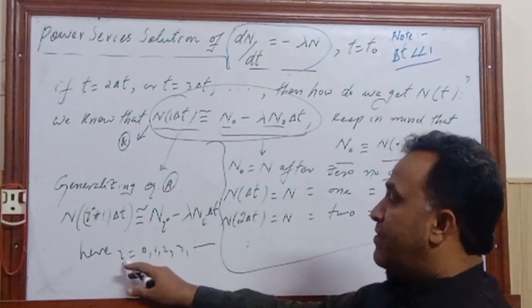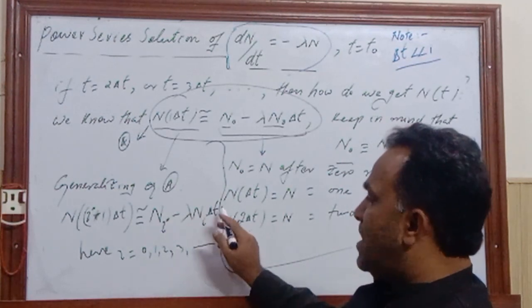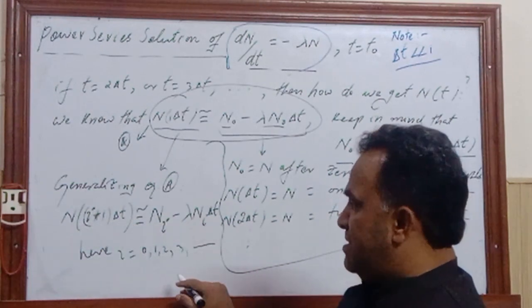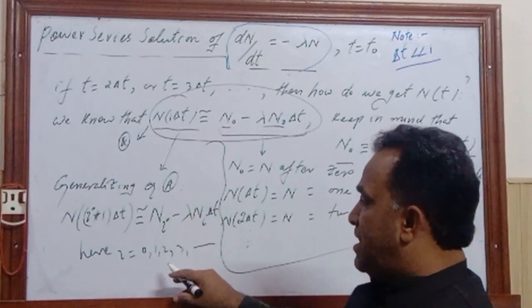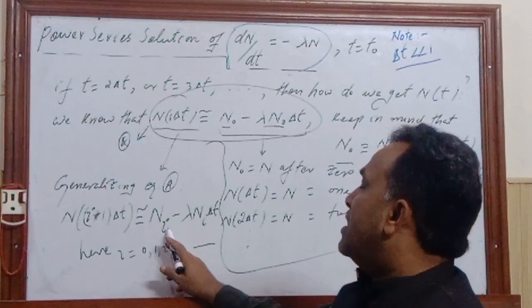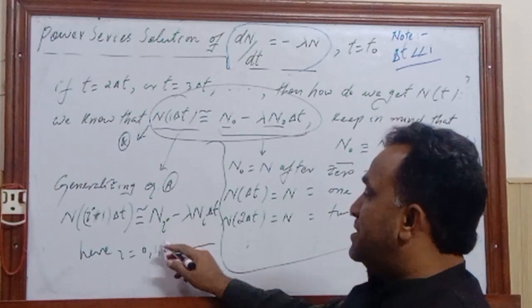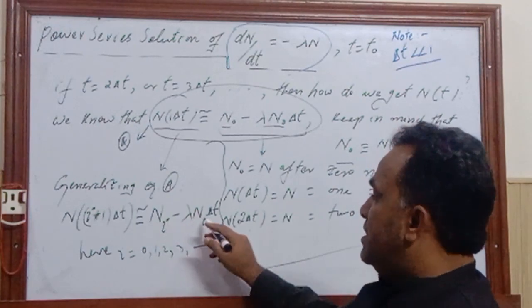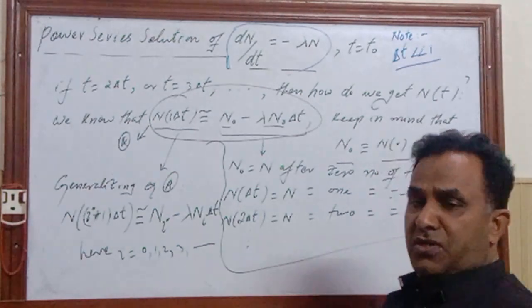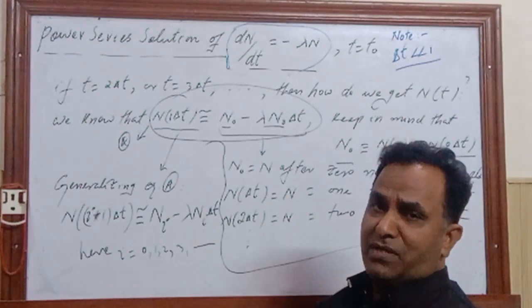If we put I equal to 0, there will be n naught minus lambda n naught times delta t, and on the left we get n of 1 delta t, which is equation A. Similarly, if we know n1, that means I is equal to 1, then on the right side it will be n1 minus lambda n1 delta t, so we get the number of radioactive nuclei after 2 time intervals, that is n2, and so on.